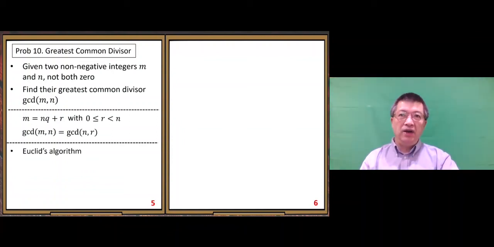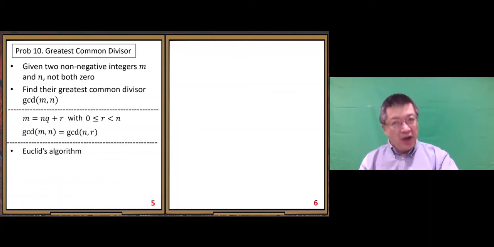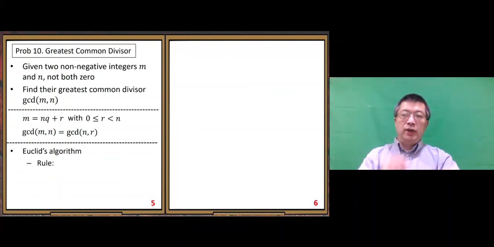Here, that algorithm is the famous Euclid's algorithm. More than 2,000 years ago, this algorithm was written in Euclid's famous geometry book.